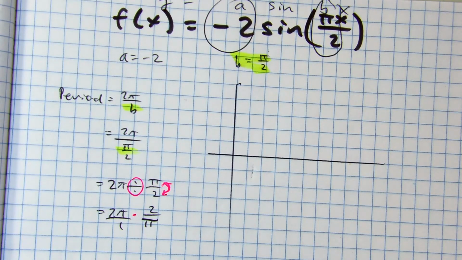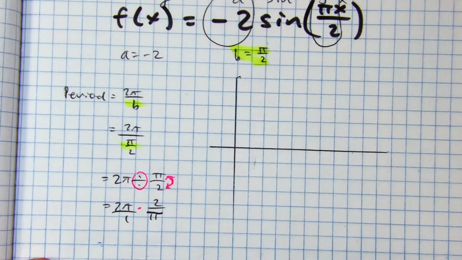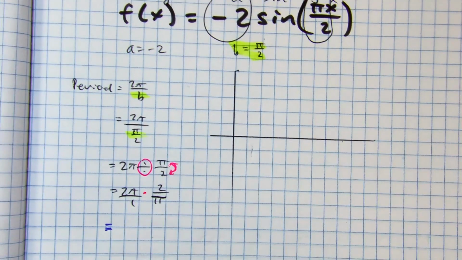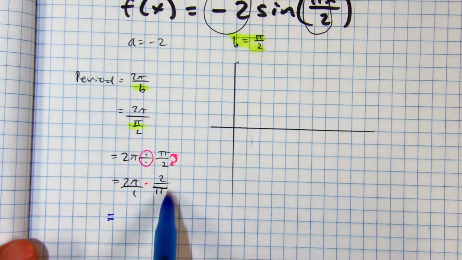Brian? What does that become? What happens when you simplify?